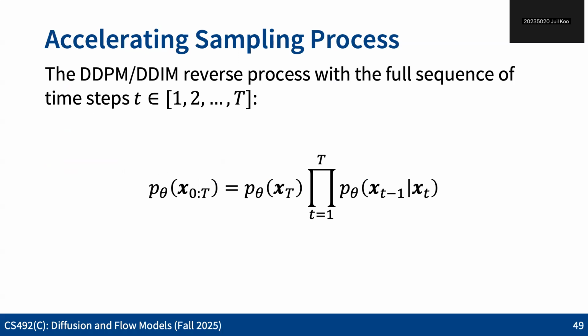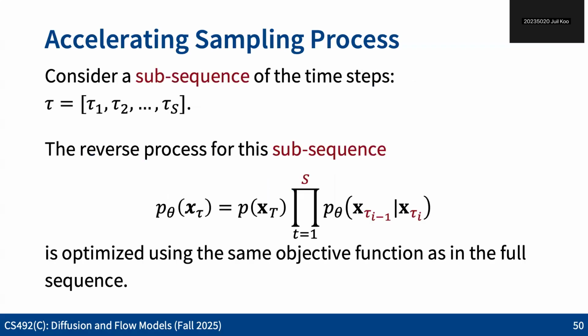The main thing here is that even when you train the DDPM model by setting some discrete time steps from 1 to capital T, in the reverse process we can consider skipping some of the time steps, having some uniform interval, not sampling from capital T to T minus 1, but sampling a bunch of steps, right? Even for this skipping process, the objective function is not changed.